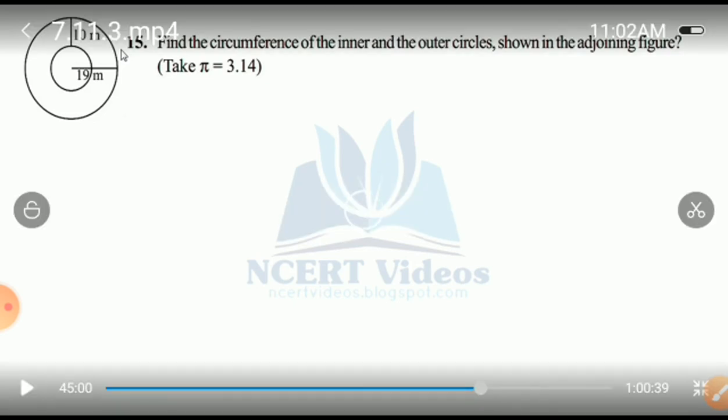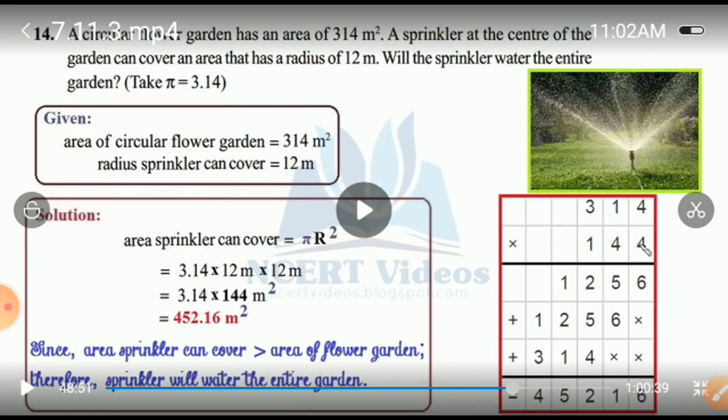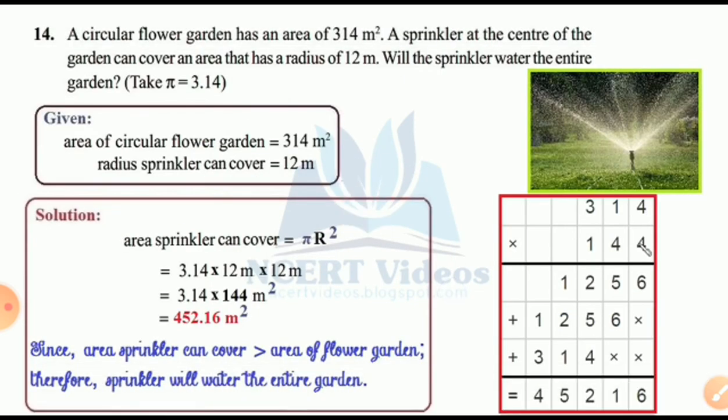Don't worry, I will take it back. See, the area the sprinkler can cover is pi r square. Now it will cover 452.16 meter square. So it covers more than the garden area. Therefore, the sprinkler will water the entire garden.